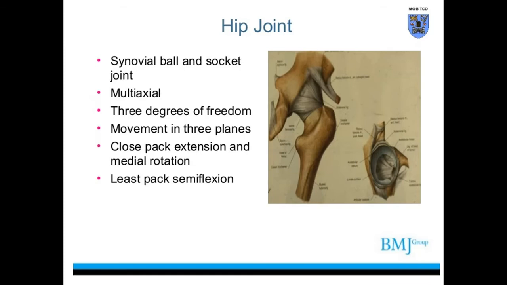Multi-axial means we can produce movements such as flexion, extension, abduction, adduction, and also circumduction, that is the combination of all these movements. So there is a degree of freedom of movement in these ball and socket joints. That's why they are called multi-axial joints.